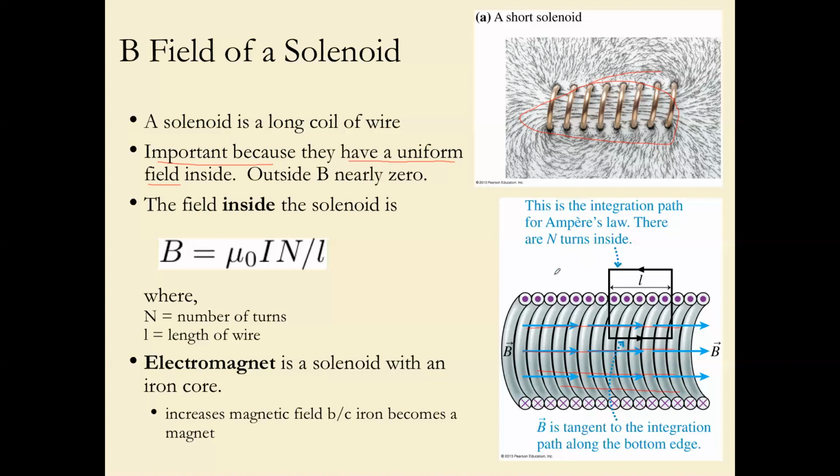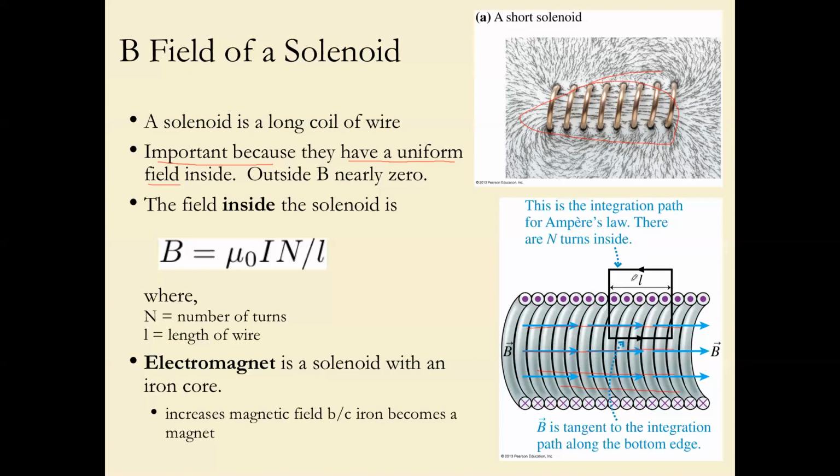Outside of the solenoid, the magnetic field will be equal to 0 for an ideal solenoid. And we can easily find it by using Ampere's law. We can create a closed loop as in here, and then we can write Ampere's law: the line integral of B dot ds is equal to mu 0 times I enclosed.